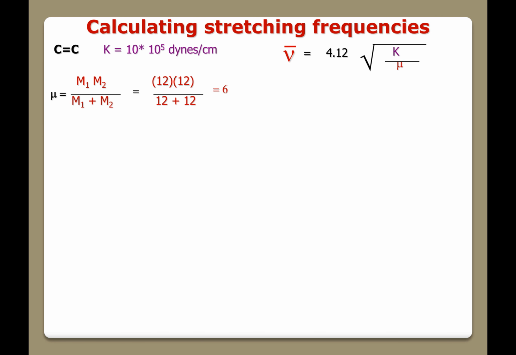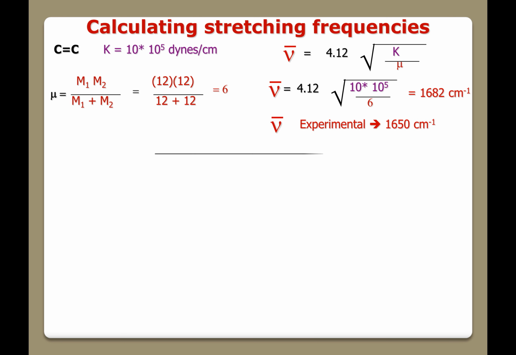The atomic weight is 12, so 12 into 12 upon 12 plus 12 becomes 6. So you take 4.12 into the square root of 10 into 10 raised to 5 divided by 6. That gives 1682 centimeter inverse, which is the calculated frequency of a CC double bond, and experimentally it is found at around 1650.